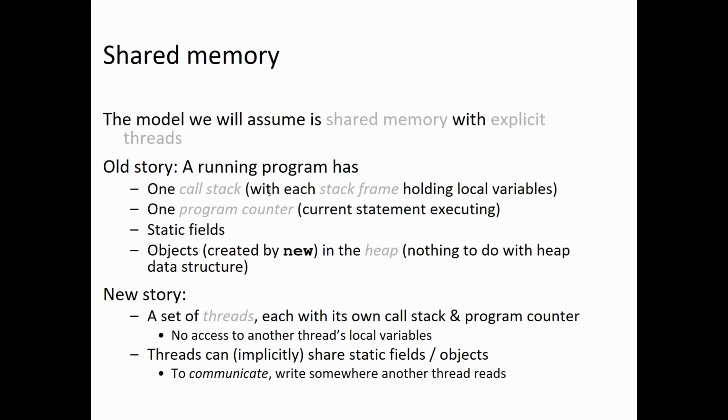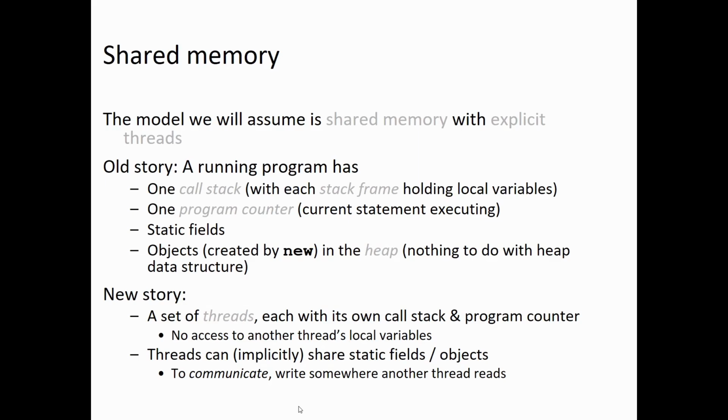In non-threaded code, we have a call stack, because we are calling some methods. So the idea is to put data on a stack, we have one program counter, because we are only running one computer. We have some static fields, and objects stored on the heap. This is the memory organization of computers you should be aware of from our courses.